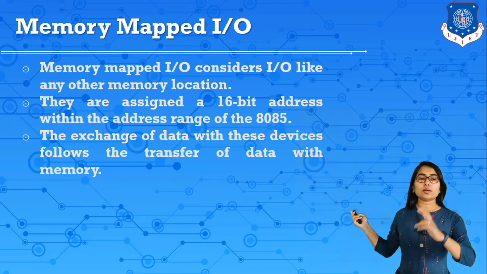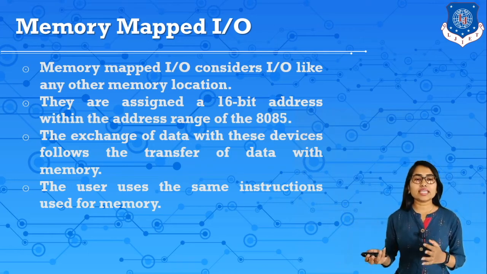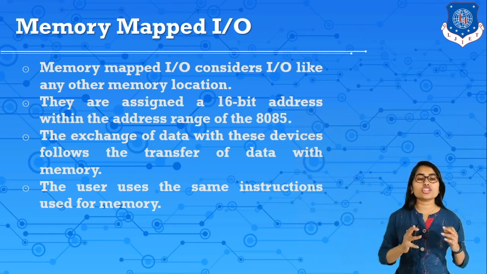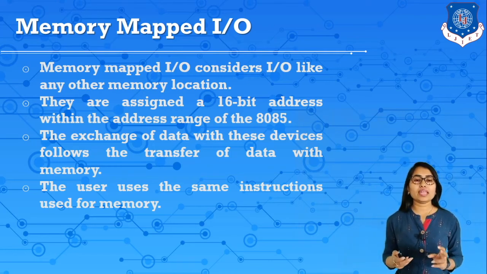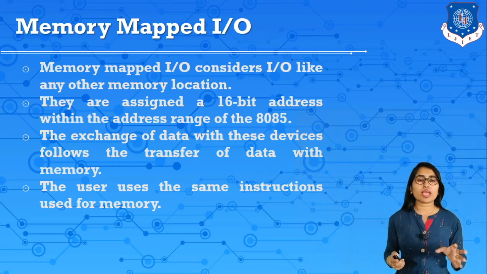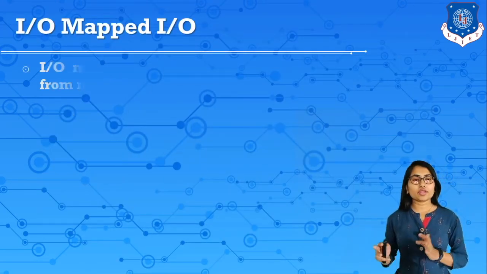The 8085 can transfer the data using the same instructions used for memory. So input output data can be transferred in parallel through the same instructions used for memory in memory mapped IO.